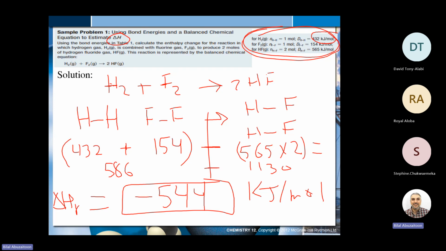So the attraction between the nucleus and the shared electrons will be stronger than in the case of fluorine, because the fluorine atom is larger in size. So the shared electrons are away from both nuclei. So the attraction between the shared pair of electrons and the nucleus will be weaker than the hydrogen case.